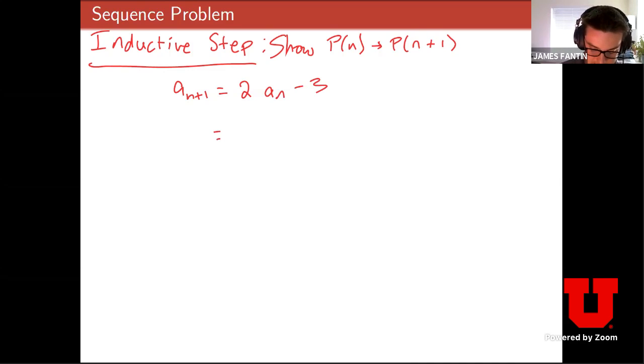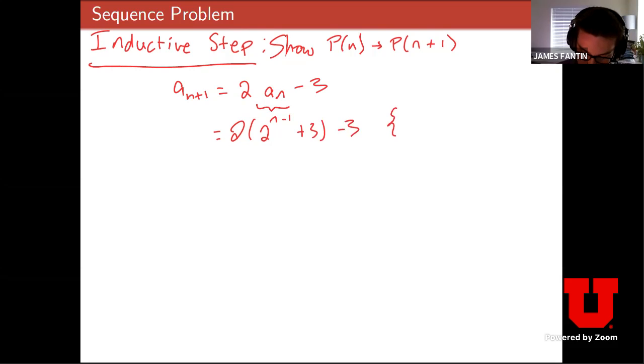Here's where the induction hypothesis becomes handy, because we already know what a sub n is. We've assumed that P of n is true, so we know the closed formula for a sub n holds. We can substitute a sub n with the closed formula, 2 to the n minus 1 plus 3, by our induction hypothesis.